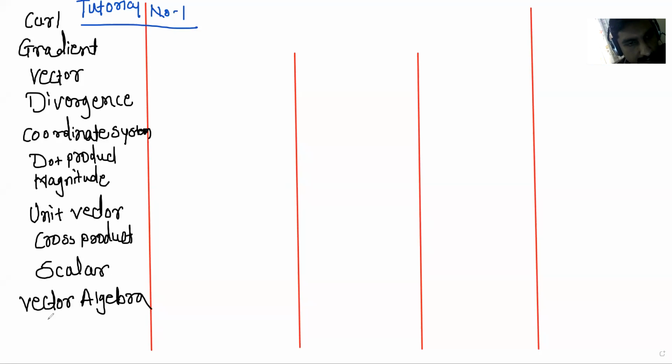Scalar is already written. Del operator, great.